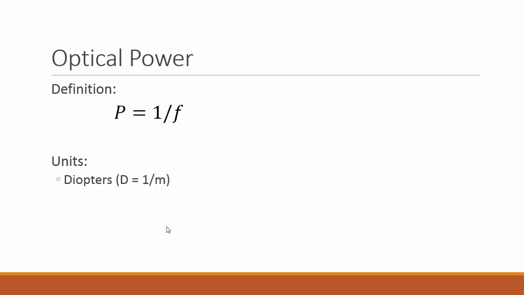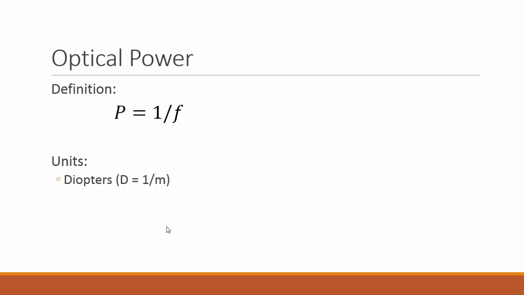Most often, if they tell you the type of lens you have, they tell you the optical power. Optical power is just 1 over the focal length. So if you have, for example, a 1/2 meter focal length, then your optical power is 2 inverse meters. Now, an inverse meter is a diopter, so the unit is usually referred to as a diopter.